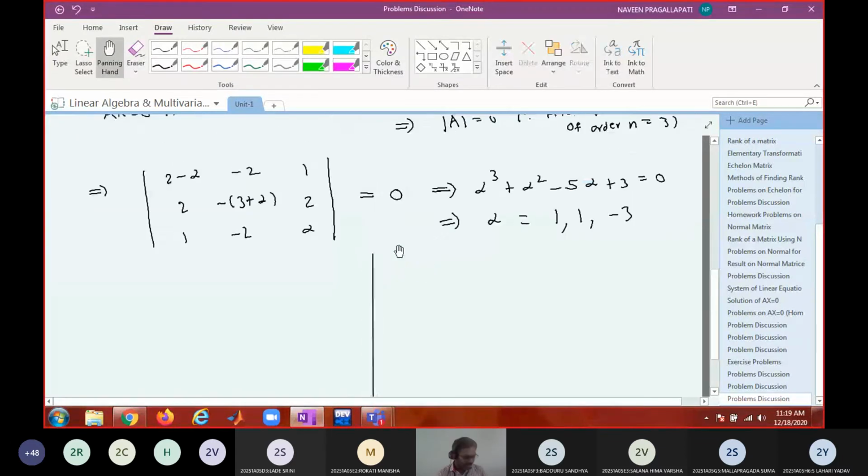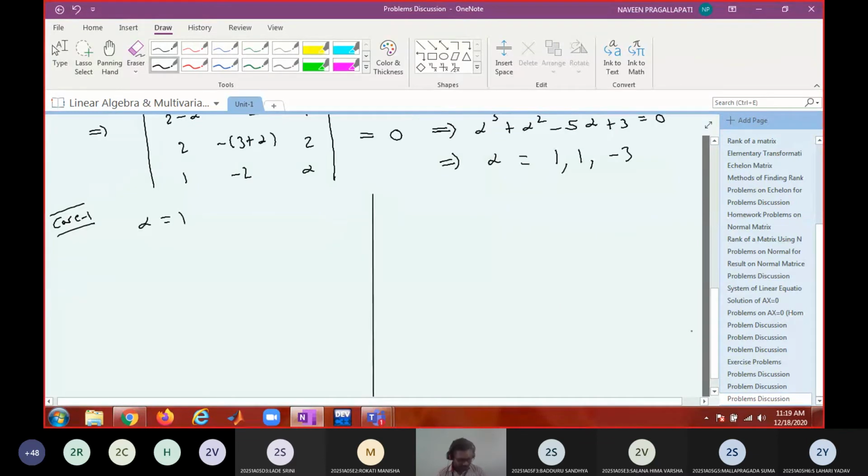Okay. So what is case 1? I am just writing the system. Case 1, you substitute alpha equal to 1. What is that system? x minus 2y plus z equal to 0.